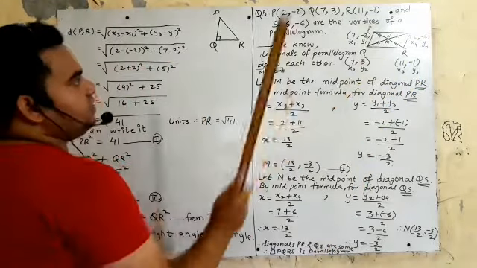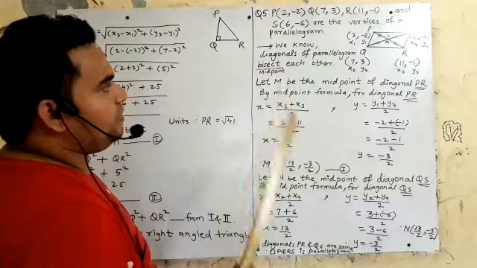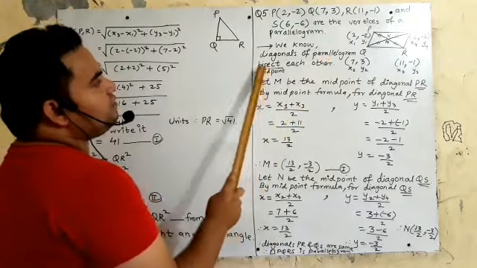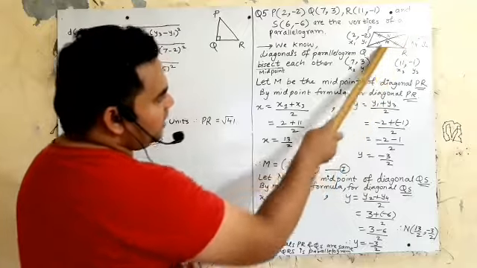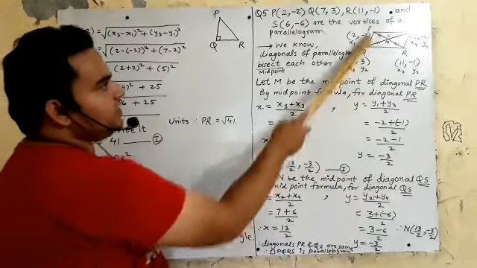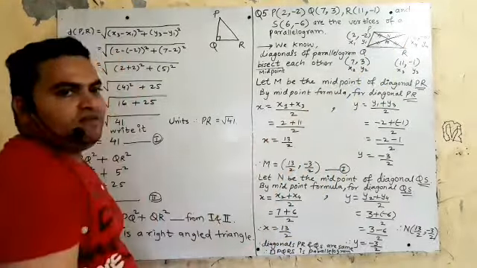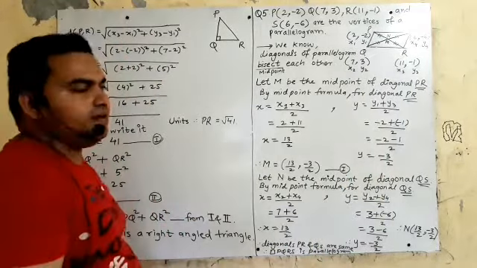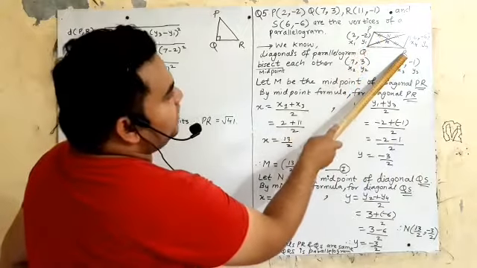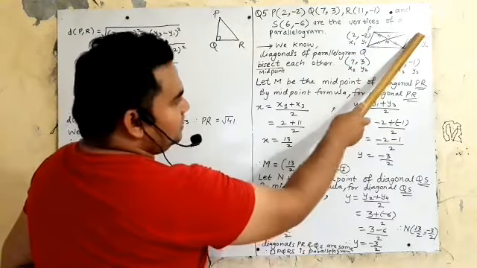Please pay attention here. Okay. Now I will use one of its properties. Diagonals of a parallelogram bisect each other. PR is one diagonal and QS is the other diagonal. Can we see? A line which is joining two vertices is called a diagonal. Is it clear? Okay. So now see, PR is one diagonal, QS is another diagonal.